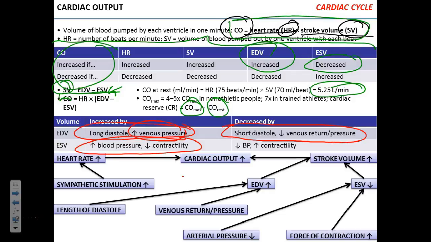Against pressure where? Where does the blood go? Into the vessels. So it has to work against the pressure in the aorta, for example. If pressure in the aorta is higher, the amount of blood that's left in the heart at the end of systole is higher. Does that make sense?